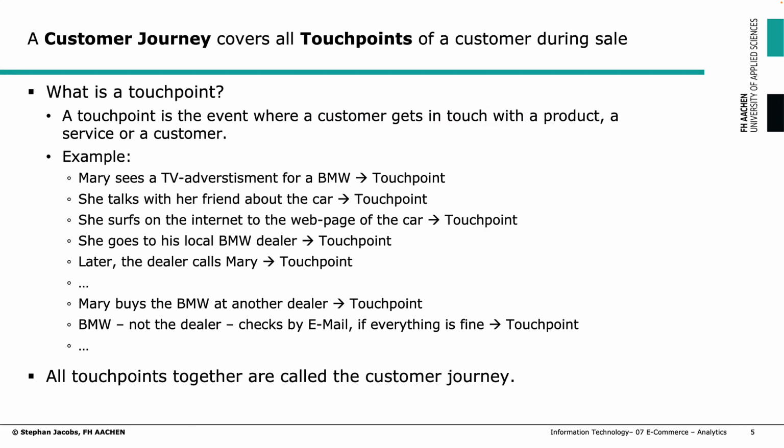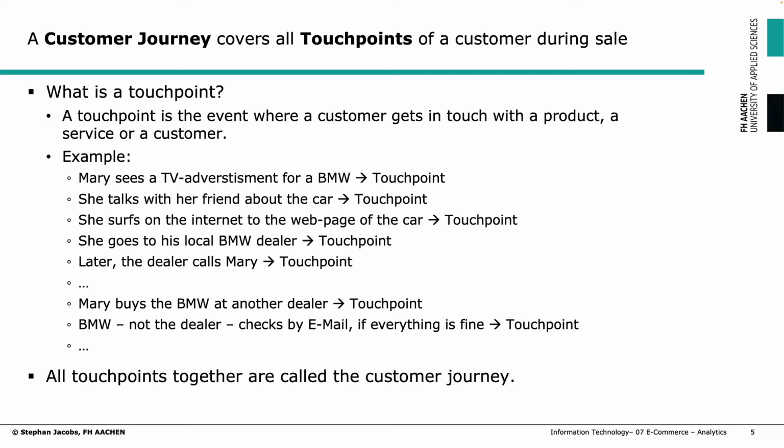To explain how we are tracked, the terms customer journey and touch points need to be explained. So what is a customer journey? A customer journey is the collection of all touch points during a sales process between a customer and a product or a brand. And what is a touch point? Always when a customer gets into touch with a product, a service or a customer, that's a touch point.